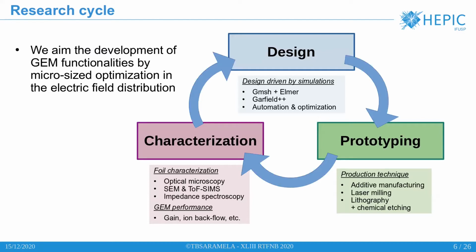And why are we trying to 3D print these detectors? The answer is the fast prototyping that 3D printing allows us. What we are aiming for here is shown in this cycle. We first start by designing, using simulation to find new geometries, new candidates for production. We send these designs to prototyping, and later we test them in the characterization step.